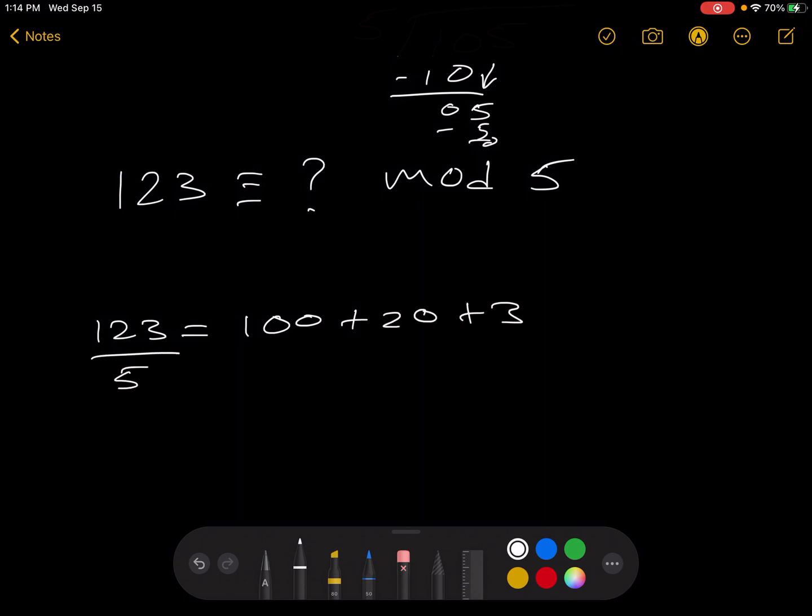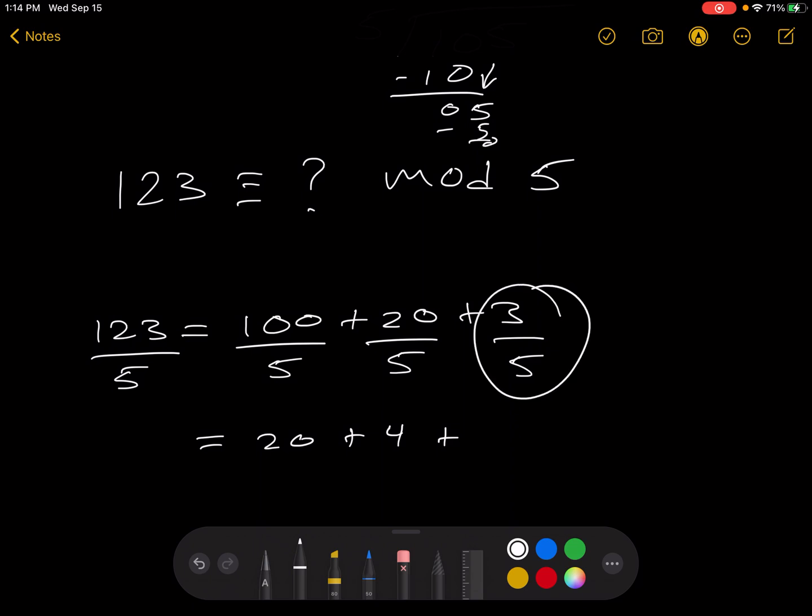So dividing each by 5: 5 goes into 100 evenly, you don't even have to worry about how many times it goes in there. 5 goes into 20 4 times. But 5 doesn't go into 3, so that would mean that your remainder is 3.